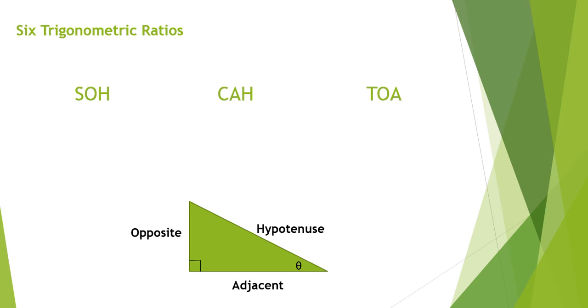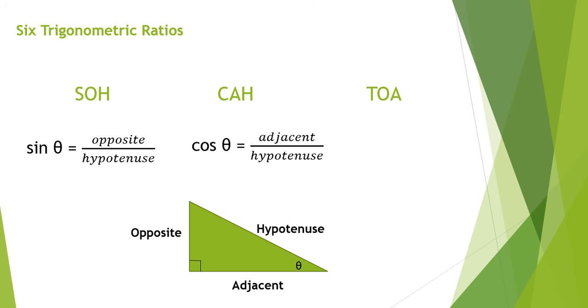Using this figure, SOH means sine theta, which is equal to opposite over hypotenuse, while CAH means cosine, which is equivalent to adjacent over hypotenuse, while TOA means tangent, which is equal to opposite over adjacent.